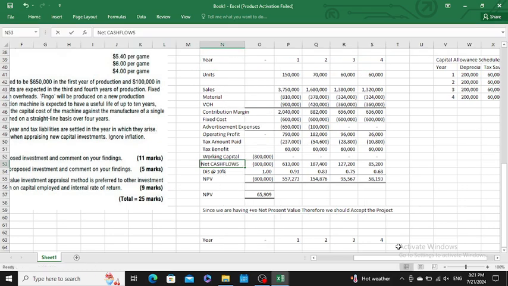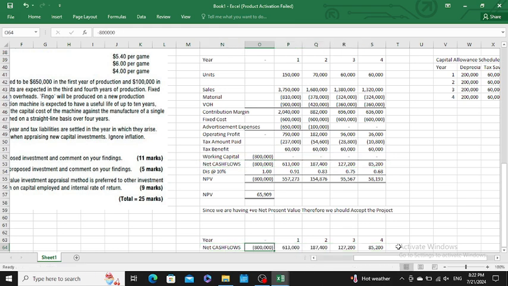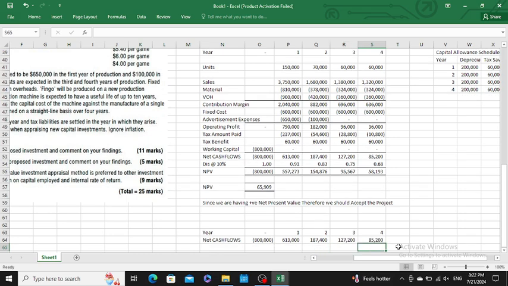So your net cash flows for year 0 were 8 lakh, for year 1 was 6.3, for year 2 it was 187, for year 3 it's 127,200, and for year 4 it was 85,200.